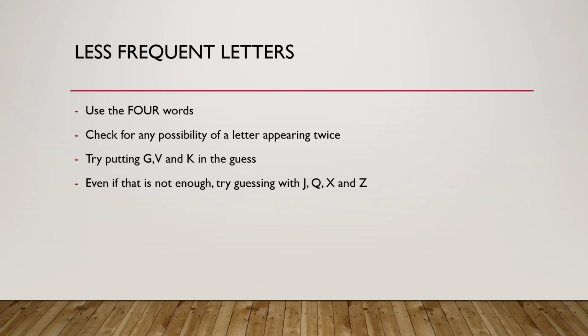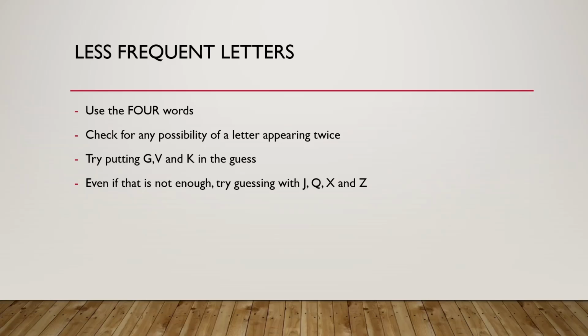Even if that doesn't work, then we have to put G, V, and K in the guess. Not in the actual guess, but with the words which you have already found, you try to put a G, V, or K and try to find the word, because you have only two guesses left.